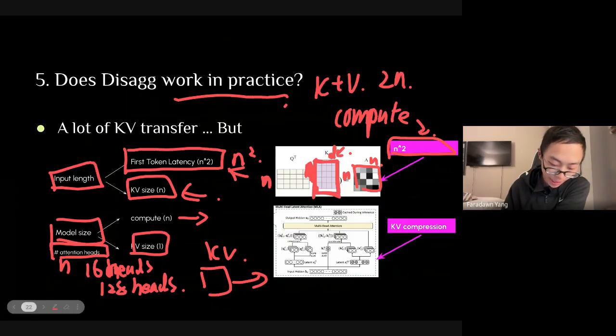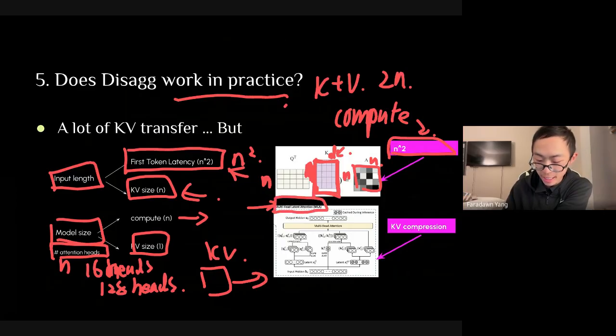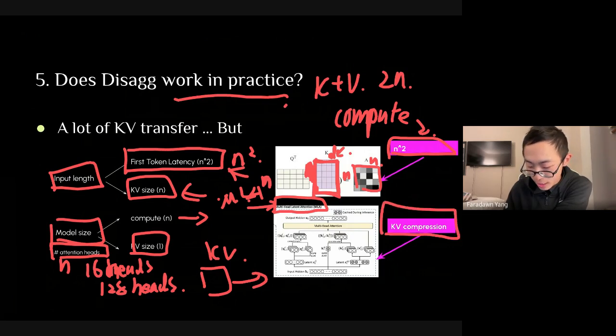It doesn't scale at all. Why? Because we have a latest technique called multi-head latent attention, MLA, introduced by DeepSeek, and it's used more and more commonly.